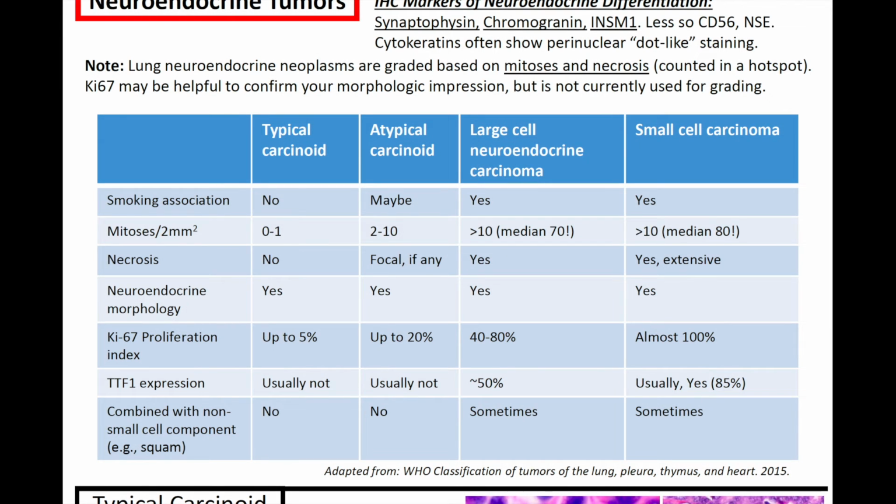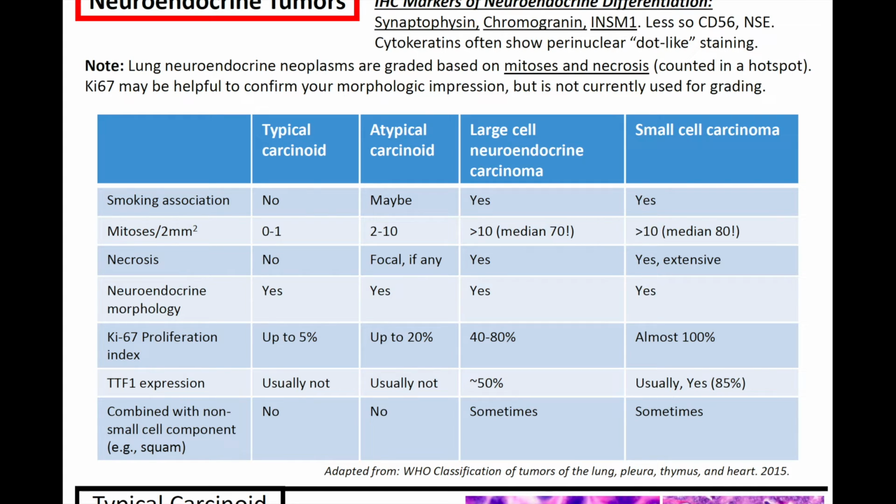All right, just to close out our whirlwind tour of lung tumors, I'm just going to go over briefly neuroendocrine tumors. So neuroendocrine tumors have, unsurprisingly, IHC markers of neuroendocrine differentiation, such as synaptophysin, chromogranin, and INSM1. Less so CD56 or neuron-specific enolase, NSE.